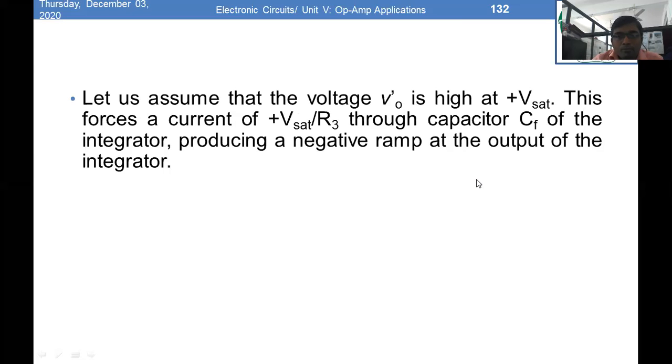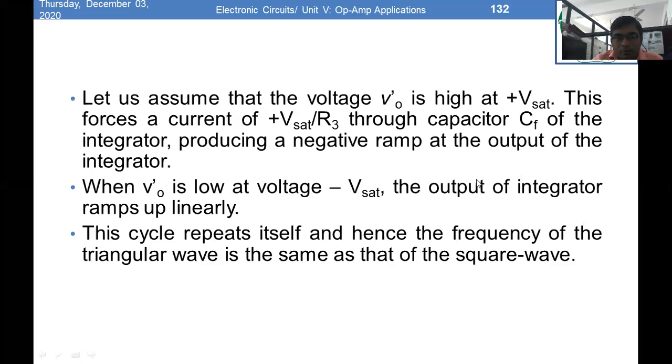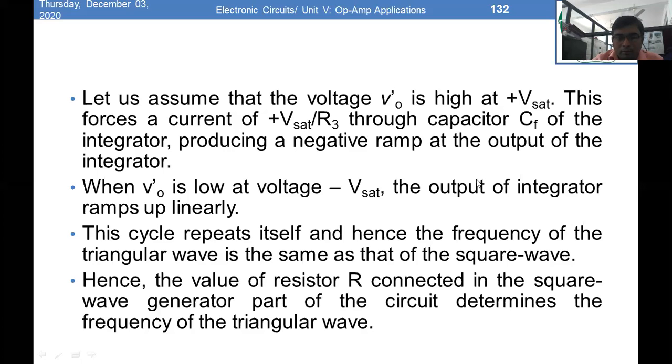So the cycle repeats itself, and hence the frequency of the triangular wave is the same as that of the square wave frequency. Here we have connected the R in the square wave generator circuit to determine the frequency of the triangular wave, meaning the resistor used in the first stage.